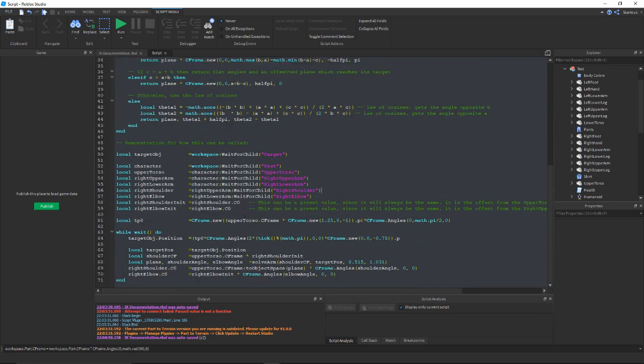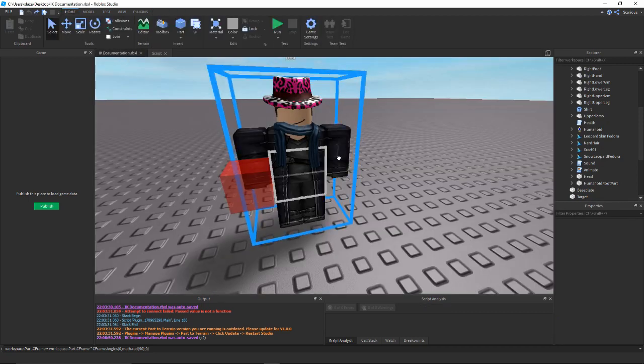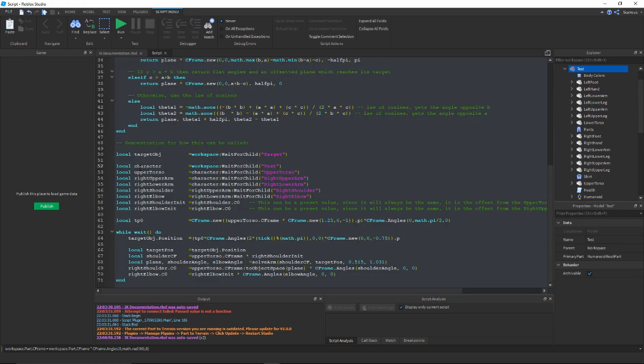So this is just a demonstration of how to use it, in which case our target object will be this little piece, our character will be this guy, and then all the values of that, being the upper torso, lower arm, shoulder, and elbow, have already been classified, which is all of these.